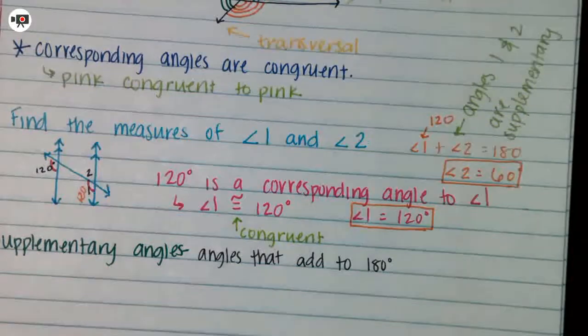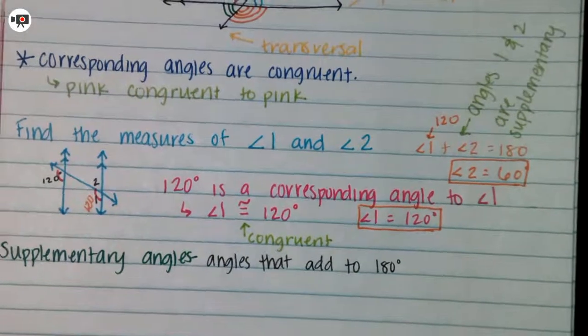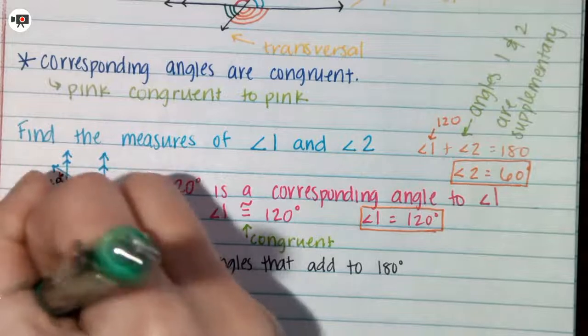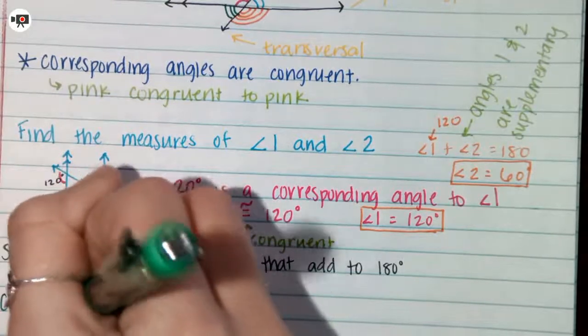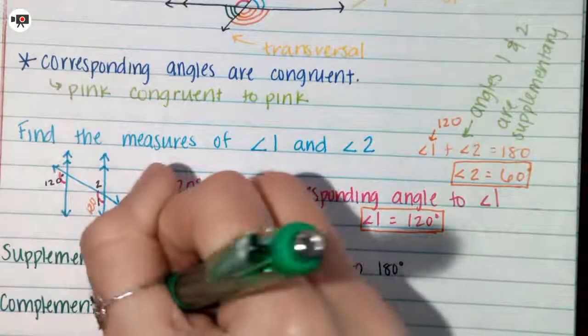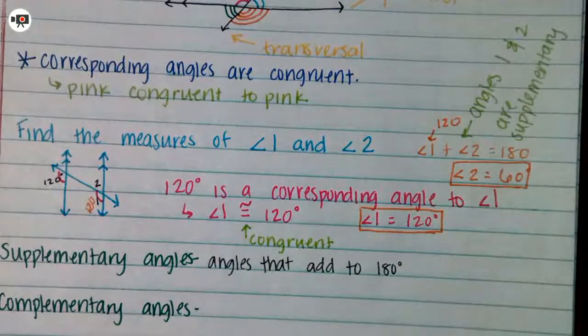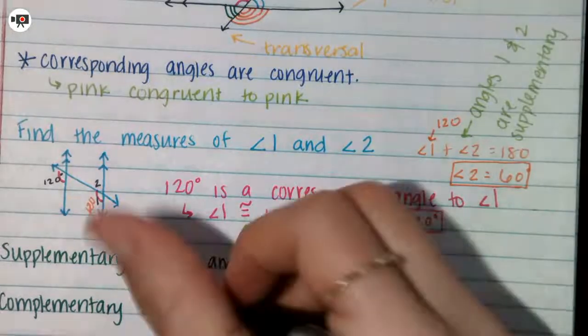They are supplementary. Now, while we're talking about supplementary angles, it's important to mention that we have complementary angles. And complementary angles are angles that add to 90 degrees.